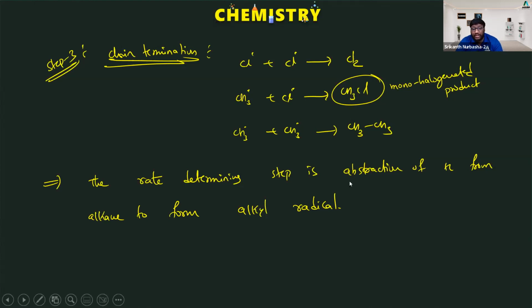So whatever different types of hydrogens we have, whatever different types of compounds we have, whenever you try to remove the hydrogen and form a respective alkyl radical, based on the stability of that alkyl radical, the rate of free radical halogenation of that particular alkane is determined.